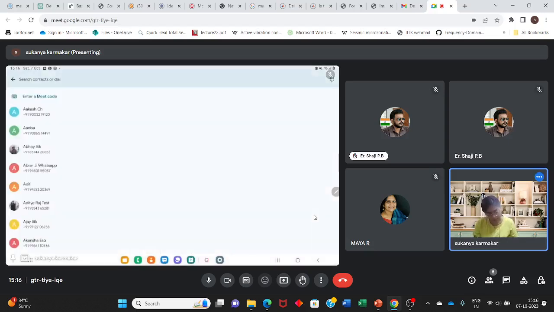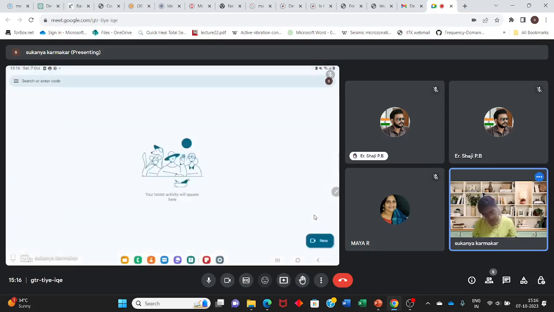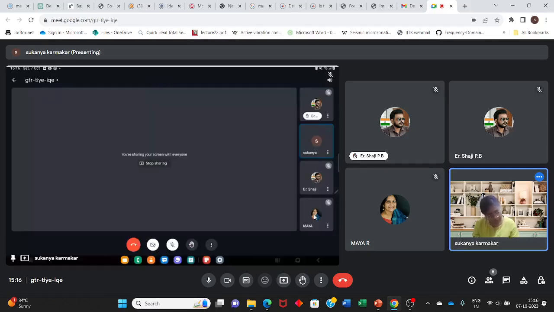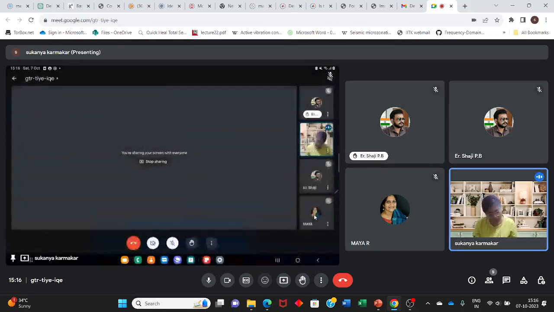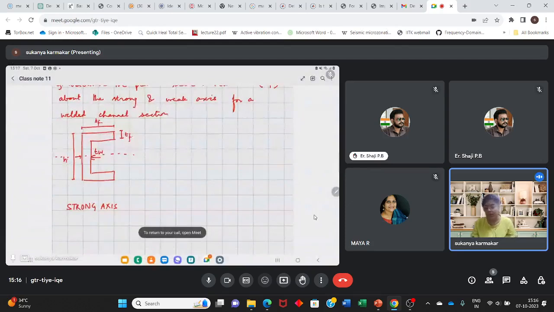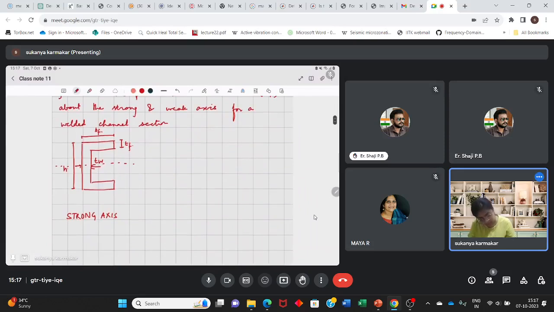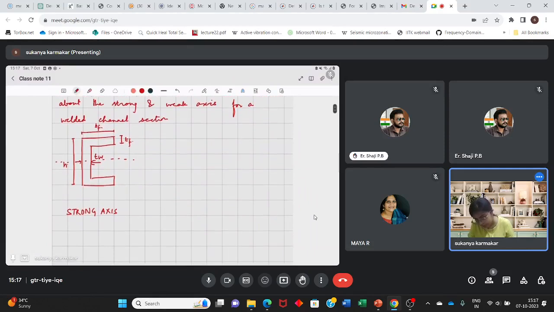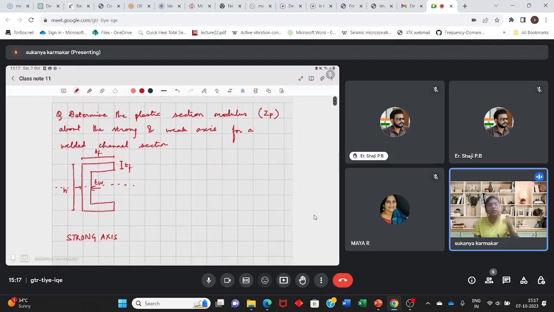This one, clear? So this is the major axis, and for plastic section modulus, we need to calculate the equal area axis.